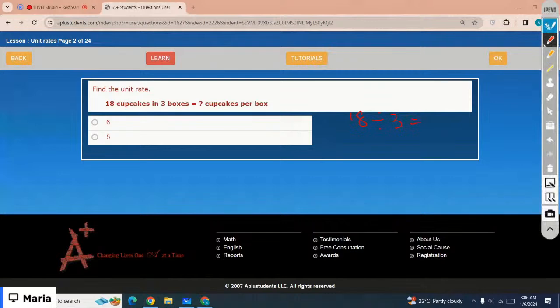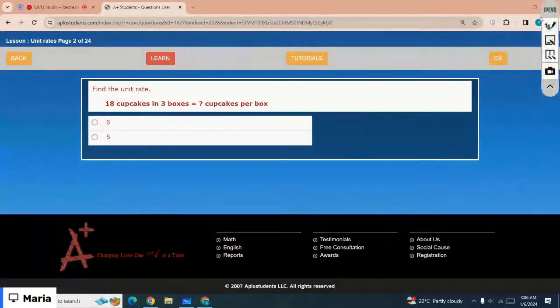So 3 times what number is 18? The correct option is 3 times 6 makes 18. That means in one box you have 6 cupcakes. Got it? The correct option is 6 cupcakes per box.